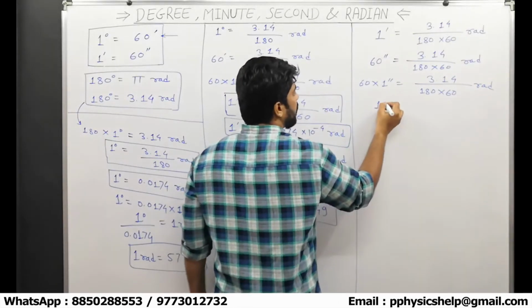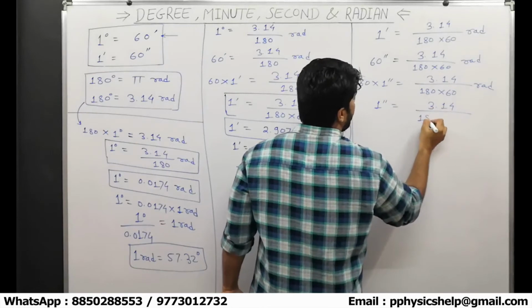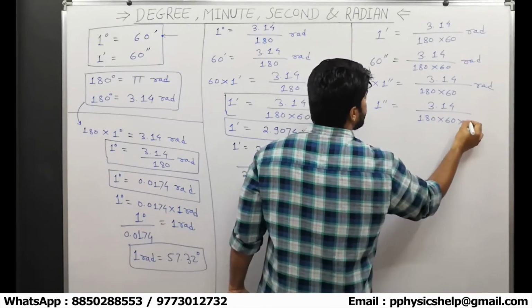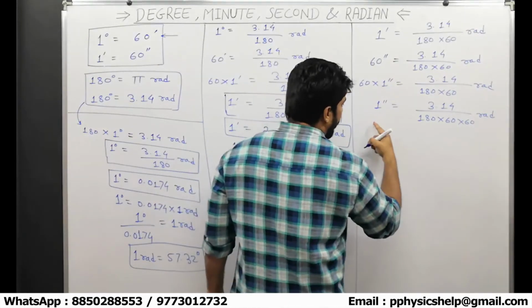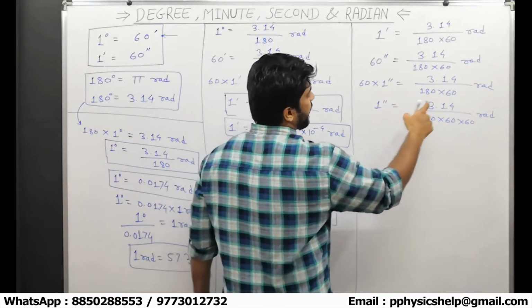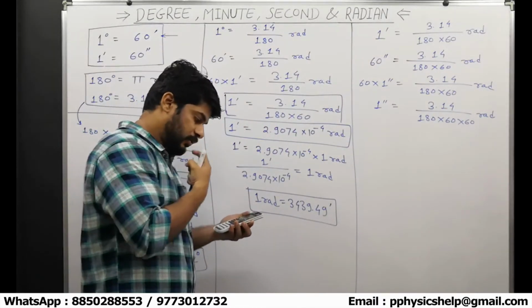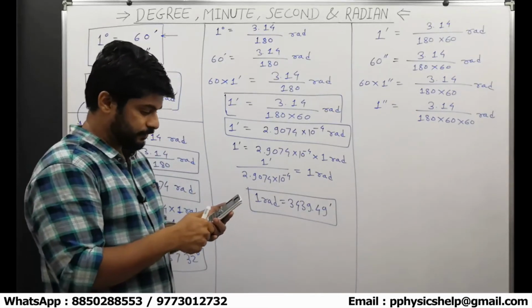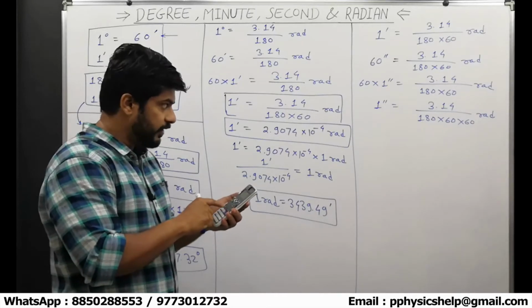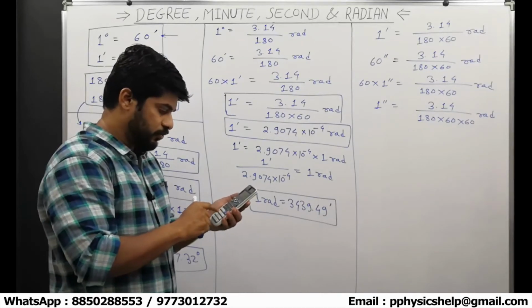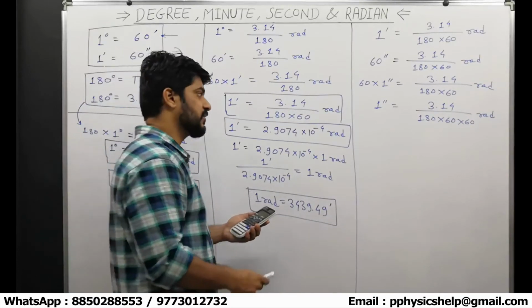Now from this I can write 1 second is equal to 3.14 divided by 180 into 60 into 60 radian. Now we can find the value of 1 second in radians just using the calculator: 3.14 divided by 180 into 60 into 60, and the answer that we get is this one.